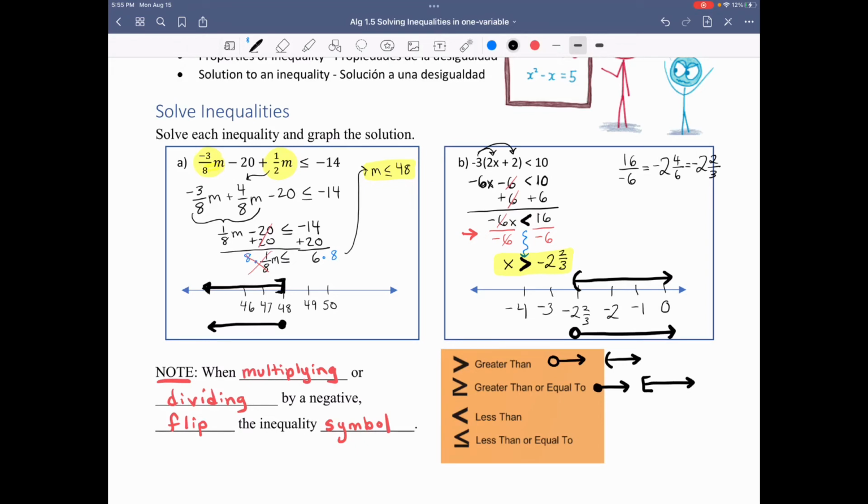If it's less than, we're going to use an open dot pointing to the left, the less than direction. Or we can use a parenthesis, but the parenthesis goes the other way, and it also points to the left. So a parenthesis is kind of like a C shape. And then if it's less than or equal to, it's a filled in dot pointing to the left, or a bracket pointing to the left. So the bracket ones are the or equal to. So just try to memorize that, it'll help you out.